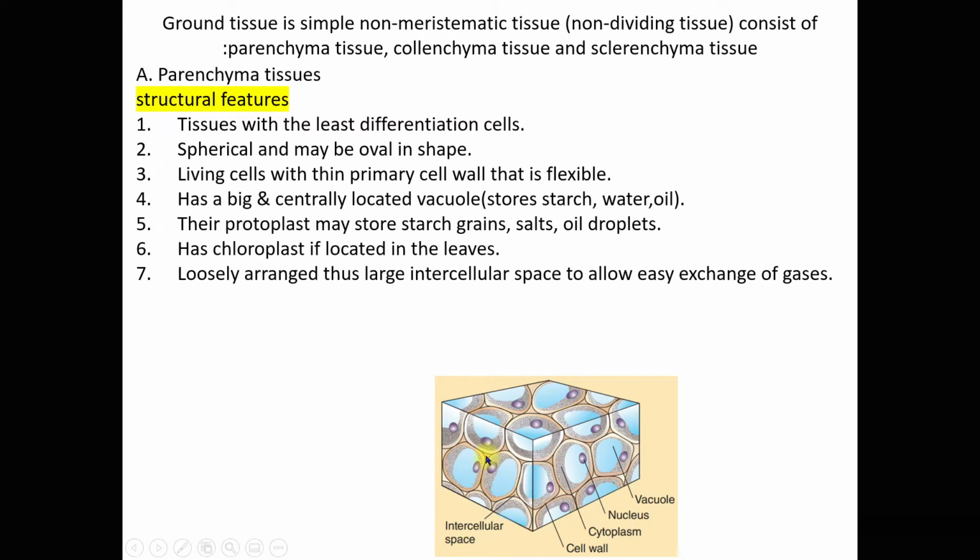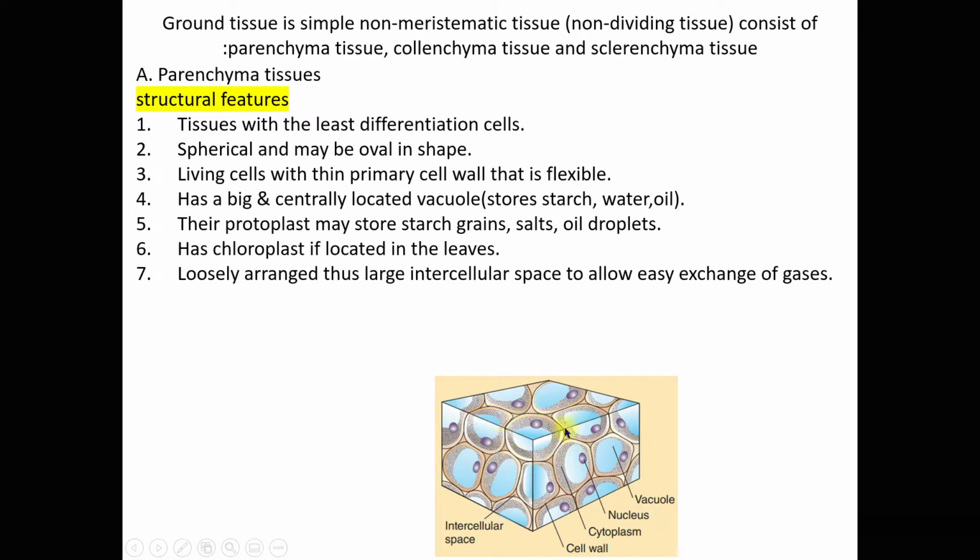You can see the large intercellular space here, which allows easy exchange of gases. These parenchyma tissues contrast strongly with the collenchyma and sclerenchyma in terms of structural features.